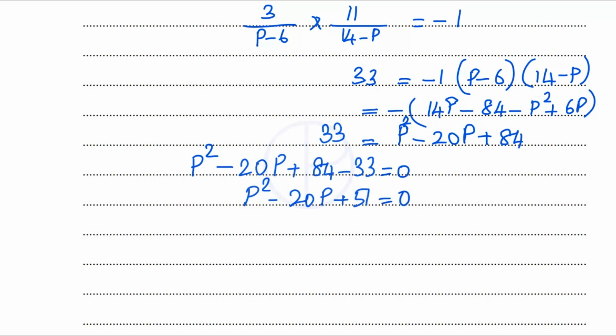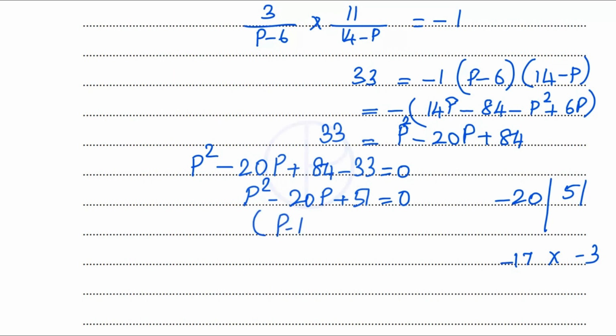Let's factorize this one. B is -20 and AC is 51. So when you multiply the numbers, you need to get 51, and when you add, you need to get -20. So 17 multiplied by 3. Okay.